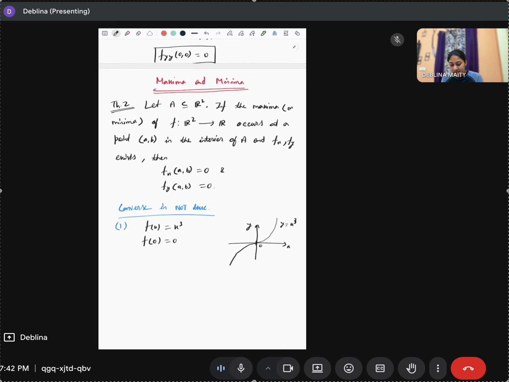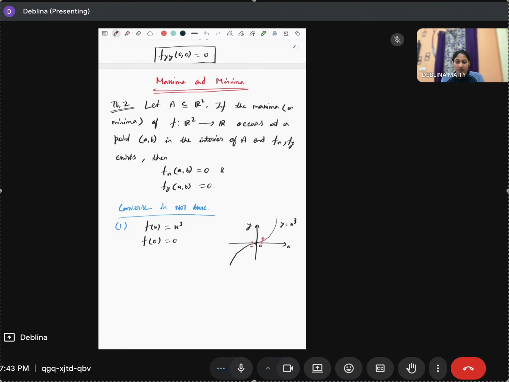Right? So you see that if we take a small neighborhood of 0, there are points where f(x) is positive and negative, right? Because in any neighborhood, at this point it is positive, and at this point it is a negative value.